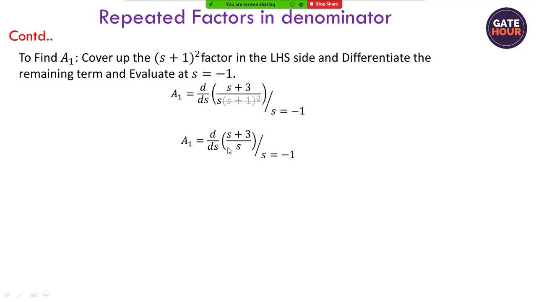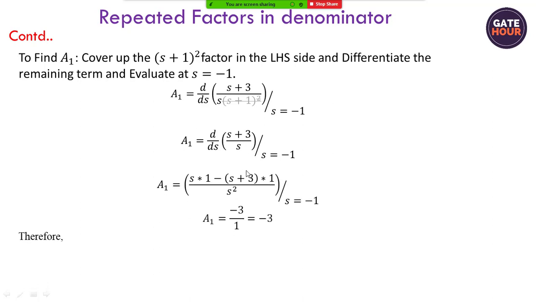It comes in u by v form, so we already know how to differentiate it: denominator into derivative of s plus 3, which is 1, minus numerator s plus 3 into derivative of denominator, which is 1, all over denominator square. Then we put s equal to minus 1. So simply we get a1 equal to minus 3. So the partial fraction expansion is this one.